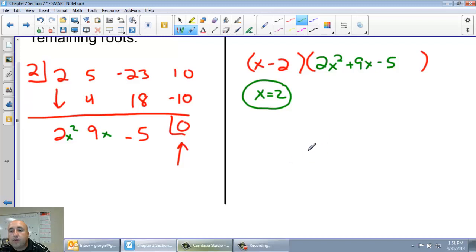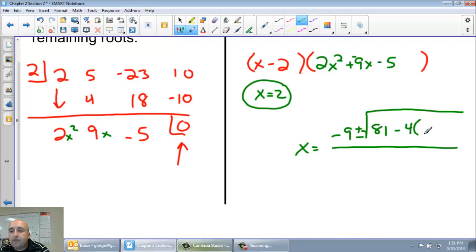Okay, so x equals negative b. Our b is 9, so negative 9, plus or minus the square root of b squared, so 9 squared is 81, minus 4 times a, which is 2, times c, which is negative 5, all over 2 times a on the bottom. 2 times 2 is 4. Let's simplify.